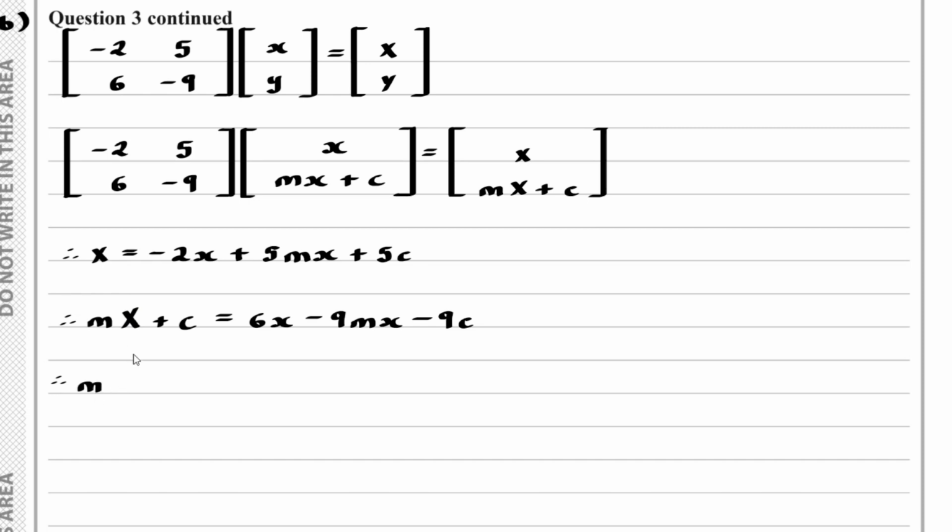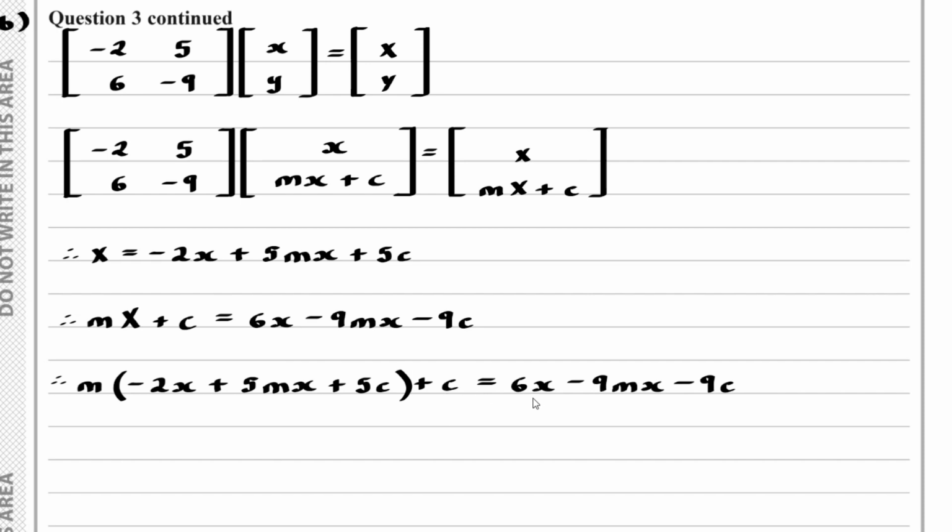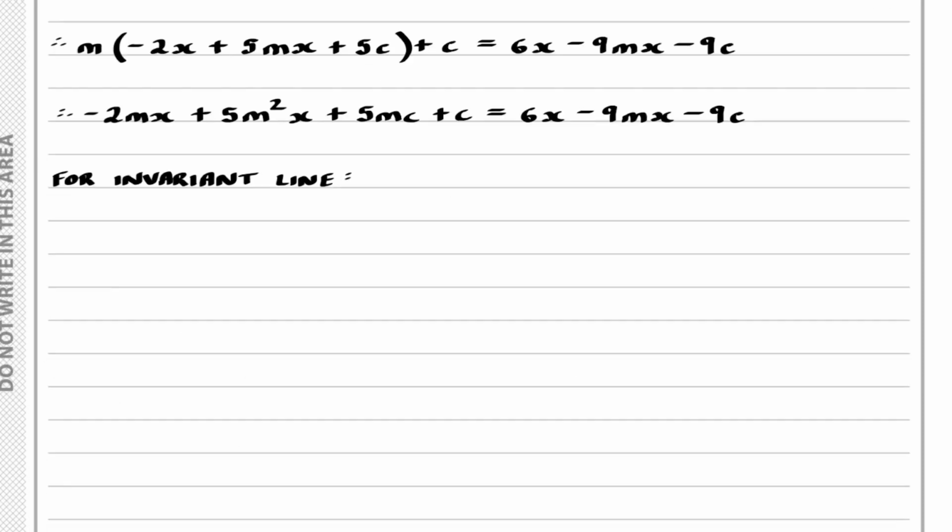So I've got m multiplied by negative 2x plus 5mx plus 5c, and that's equal to what we have on the right side here, 6x subtract 9mx subtract 9c. And if I expand the brackets on the left hand side, we've got negative 2mx plus 5m squared x plus 5mc plus c equals 6x subtract 9mx subtract 9c.